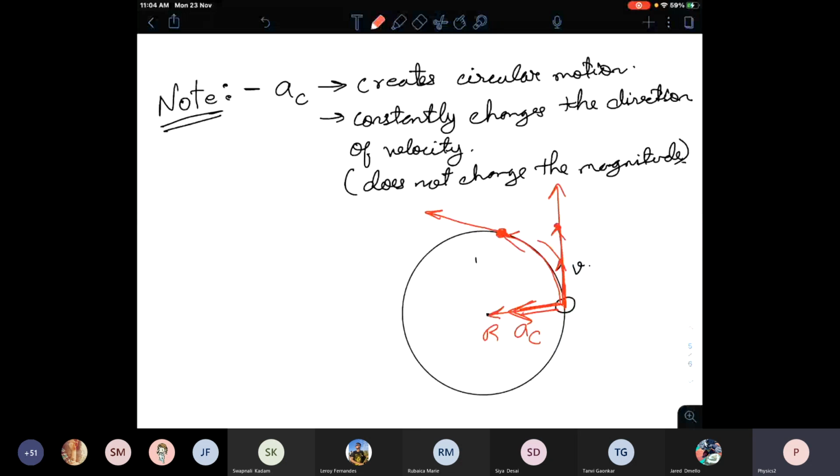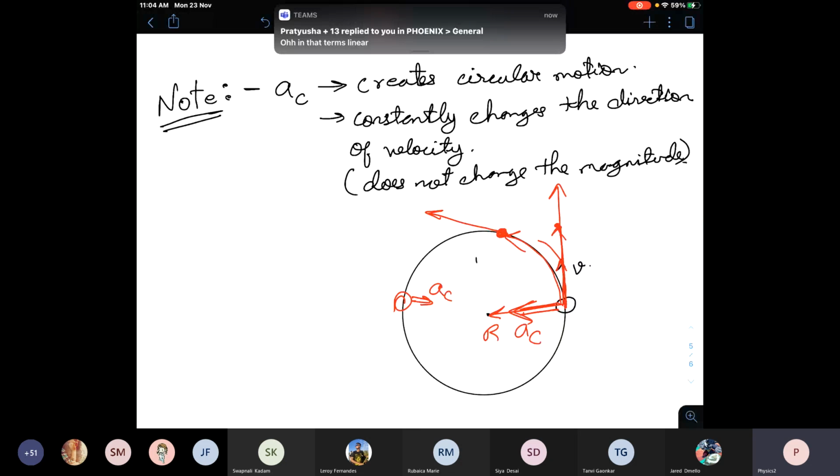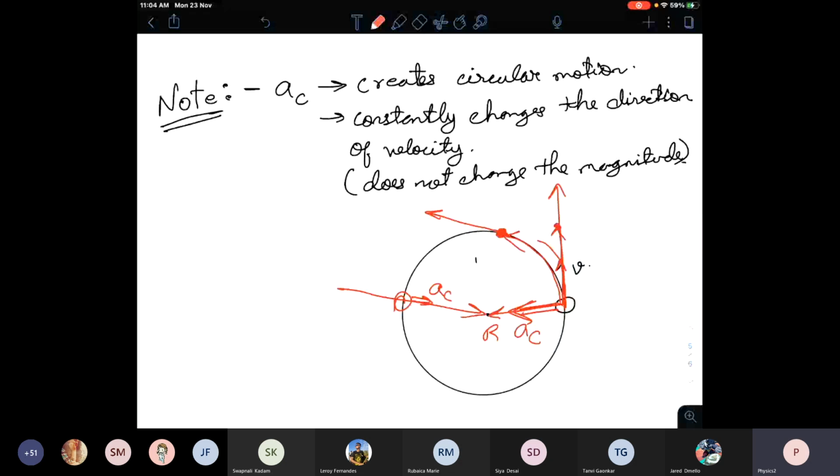When it is at different locations, suppose it is over here, its centripetal acceleration is like this. No doubt, direction has changed, but it is still along a straight line. It is always linear in nature. The line can be changing constantly.